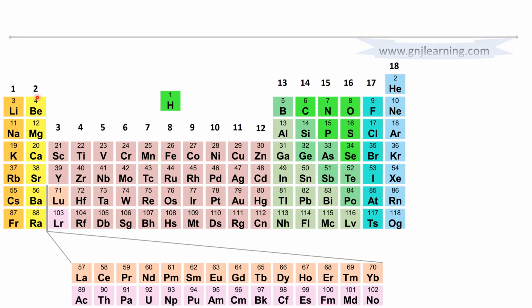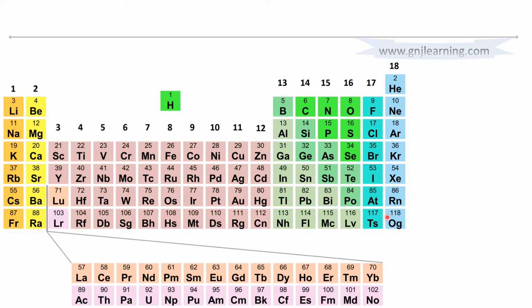The second group is named alkaline earth metals. From 3 to 12 we have the d block or transition elements. Then from 13 to 18, the 6 groups, we call them p block elements. Clear?